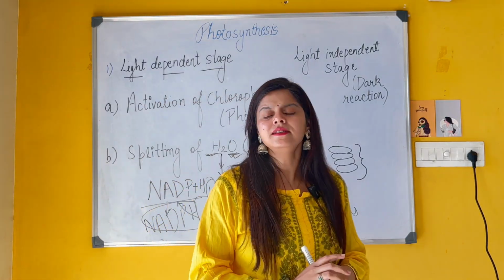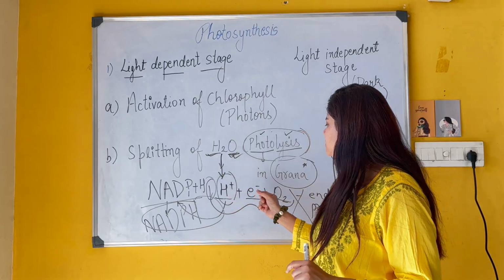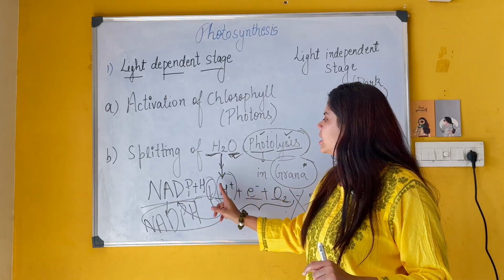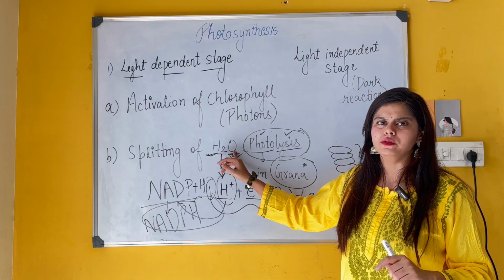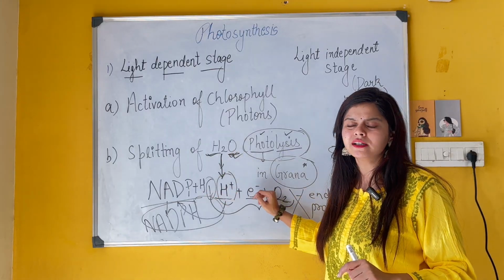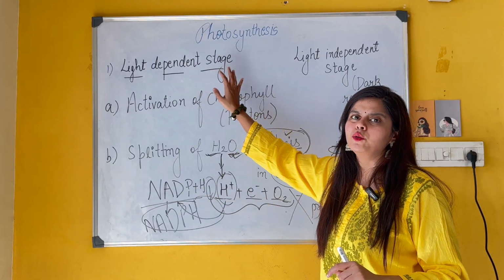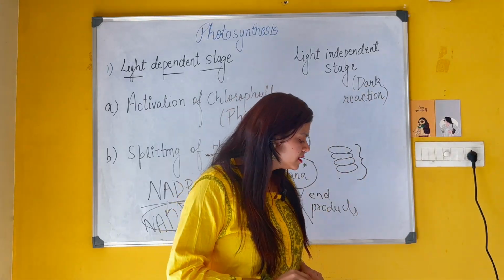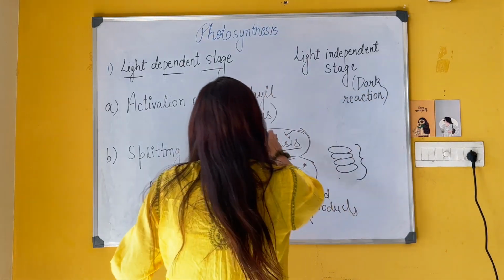The next question is, these H plus, electrons and oxygen which are released from water molecules, are these the end products for the light dependent stage? No, these are not the end products.